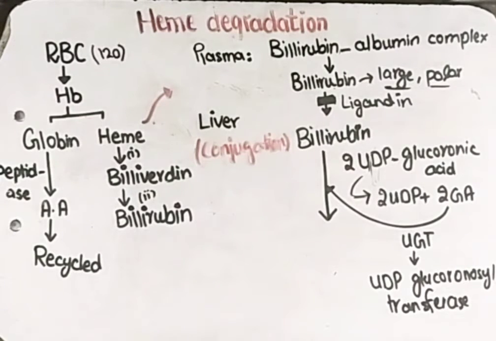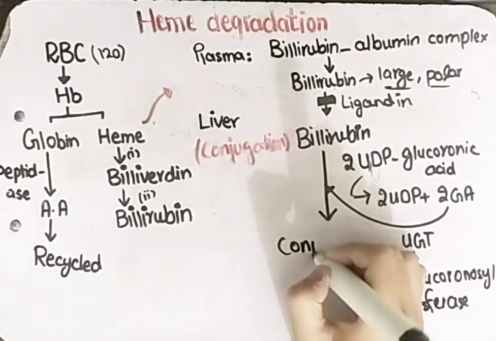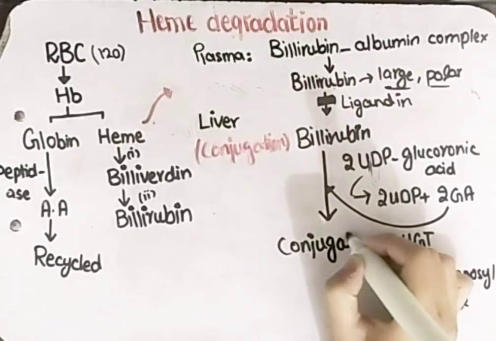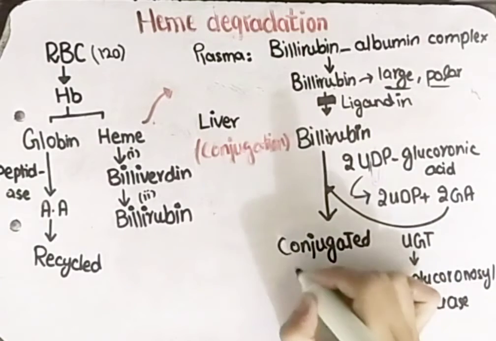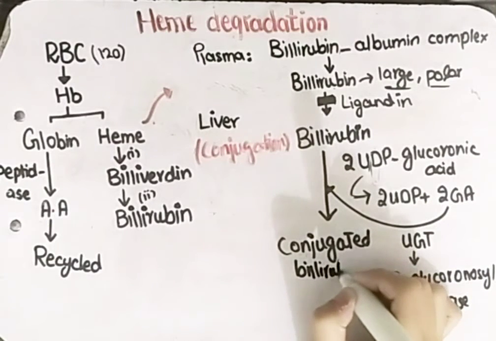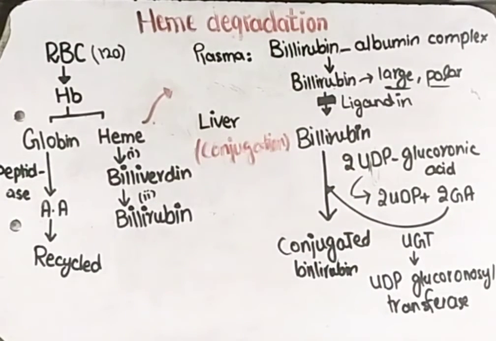So this glucuronic acid is added into the bilirubin to form the conjugated bilirubin. So 2-UDP glucuronic acid is basically a glucuronate donor to form the conjugated bilirubin.